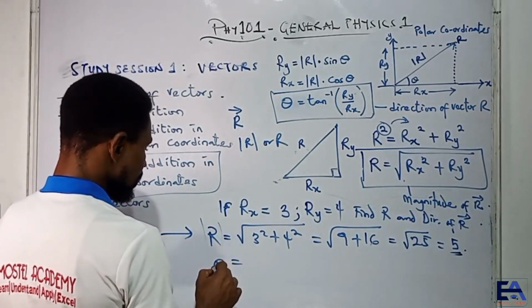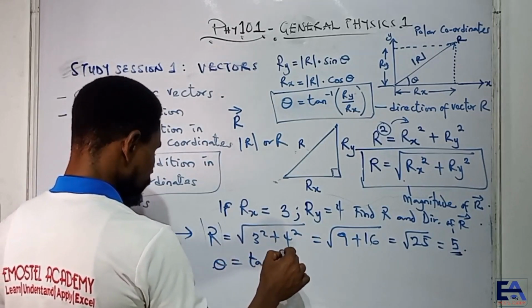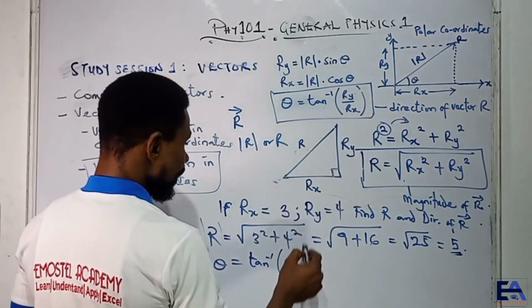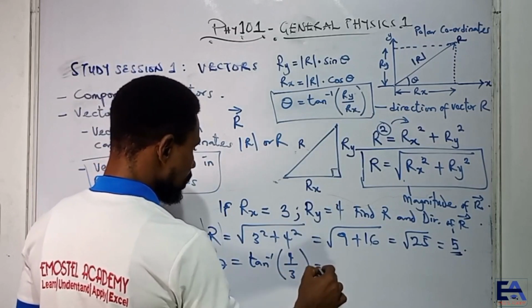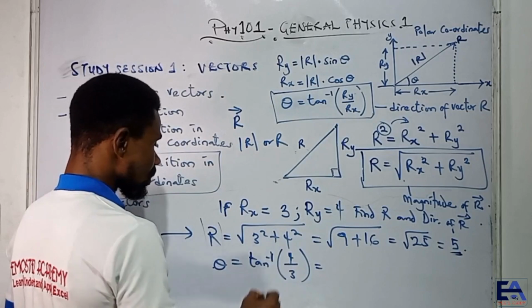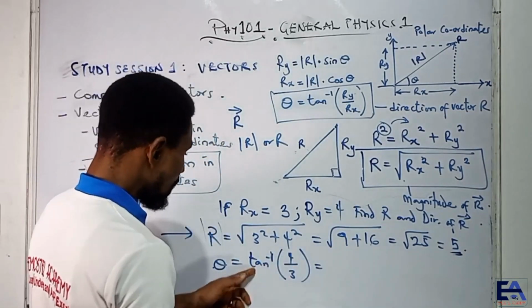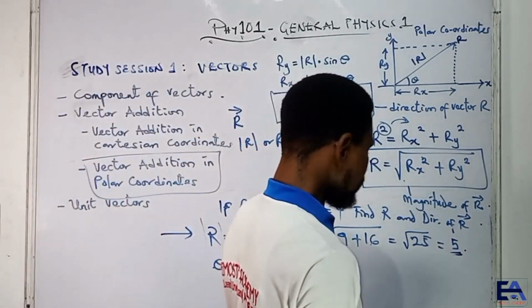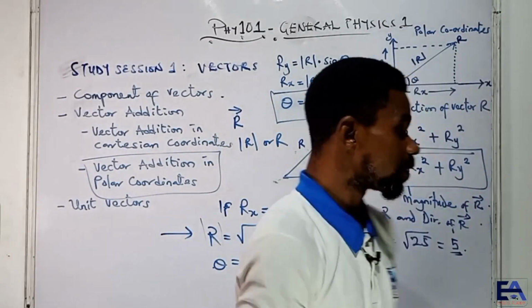So the direction is like this: theta is the arctan of Ry, given as 4, divided by Rx, given as 3. So when we calculate 4 divided by 3, I'm going to load my calculator here to find the angle theta. Excuse me for that.